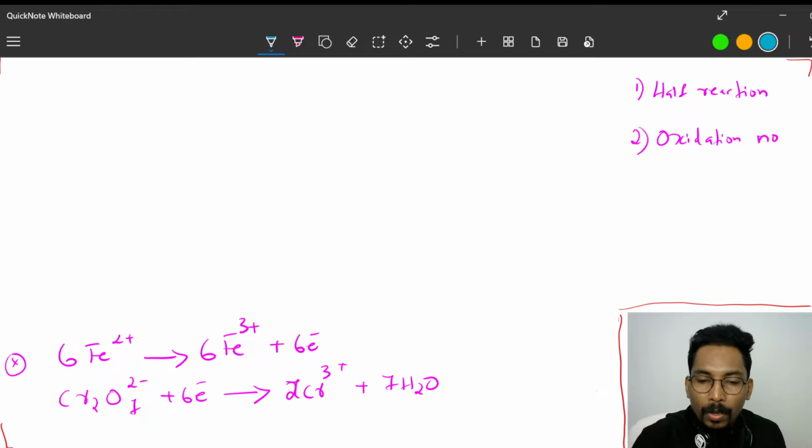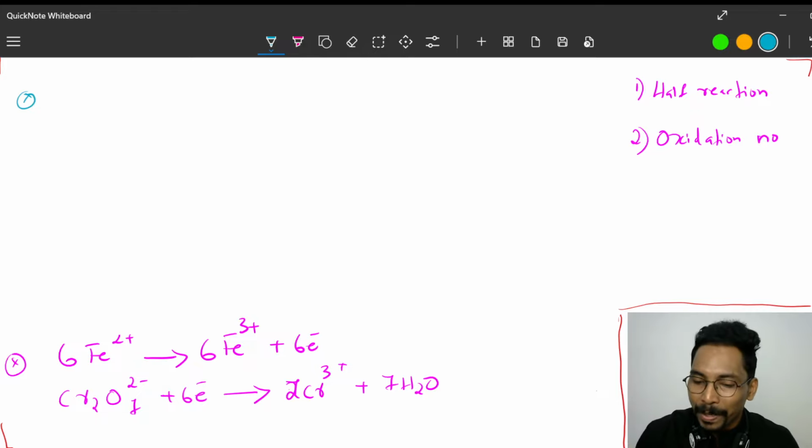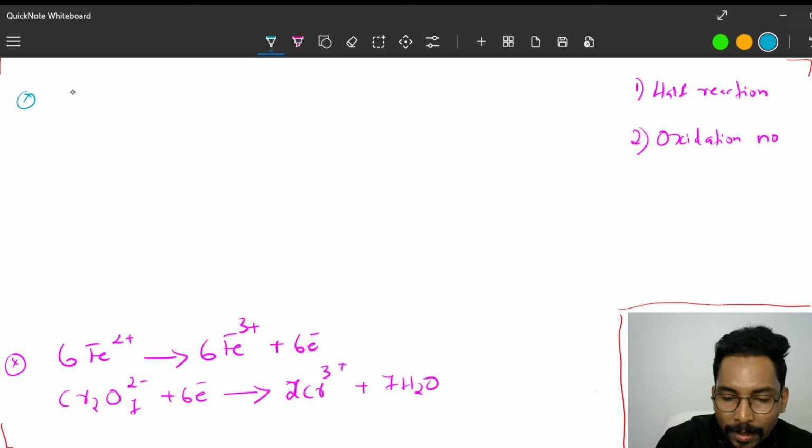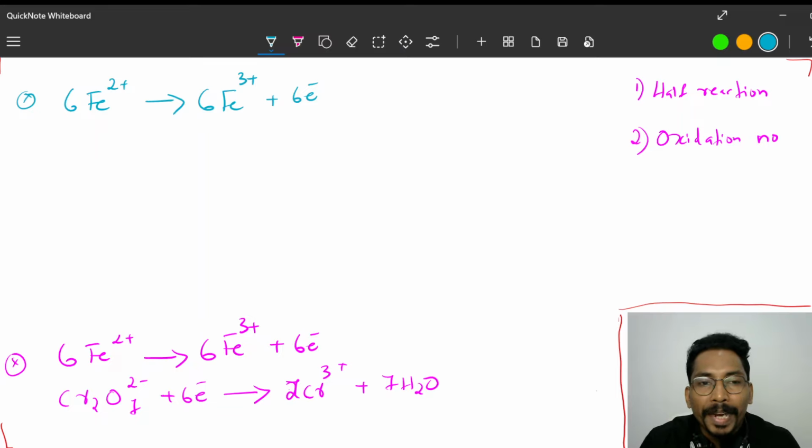For balancing hydrogen, you can add H+ ions because this is in acidic medium. Again, in the first equation there is no hydrogen, so you can write that as such: 6 Fe2+ gives 6 Fe3+ plus 6 electrons. In the second case, you can see how many hydrogen atoms there are. 7 H2O means 14 hydrogens are present on the right side, and the left side has no hydrogen.